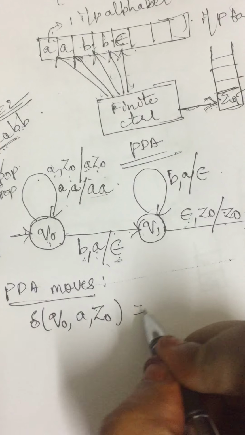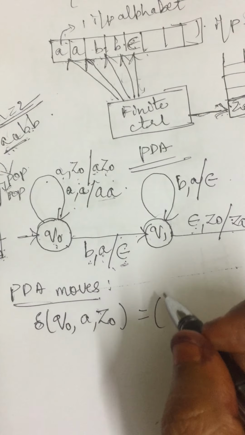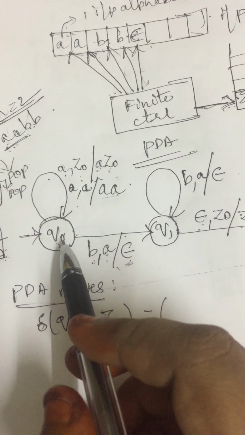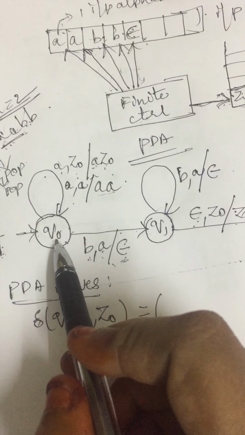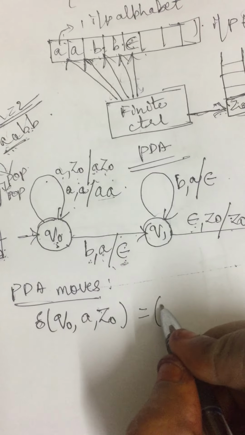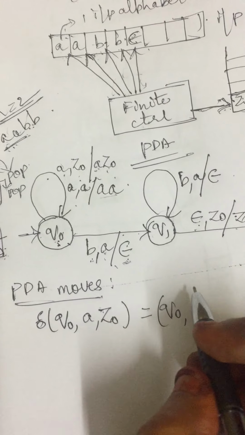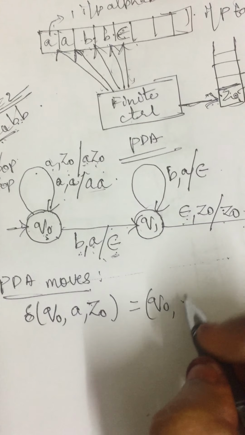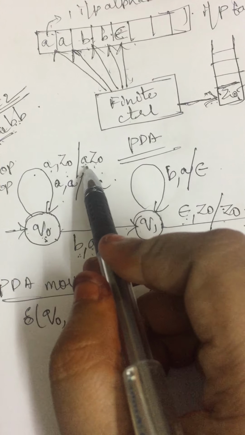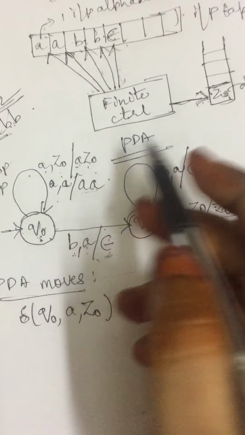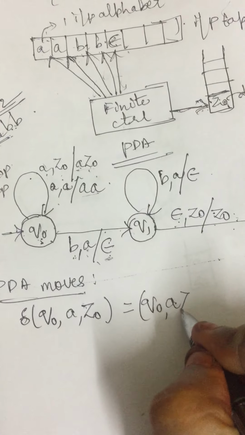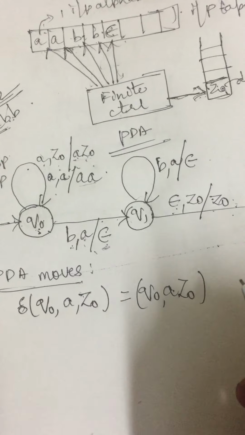And what is the operation we are performing here? Push operation. When we have performed the push operation, we are present in the same state, Q0, and we represent the push operation as AZ0.